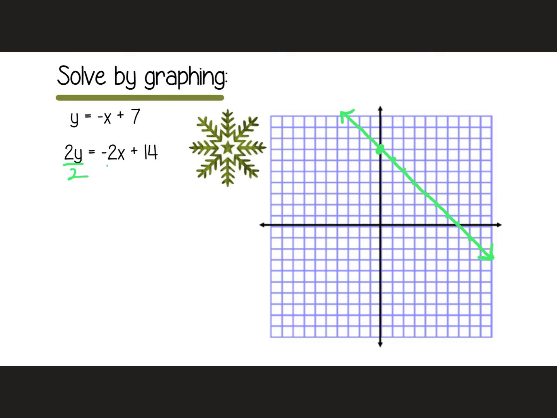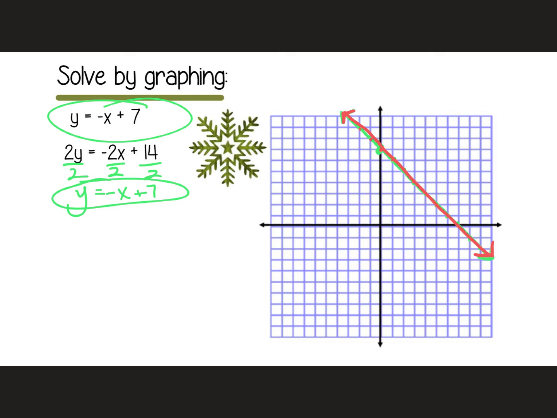I need to divide everything by 2 first. And I get y equals -x plus 7. Now notice, that's the same as that. So what this means is my second line also has a y-intercept of 7, also has a slope of -1, and these two lines are right on top of each other.